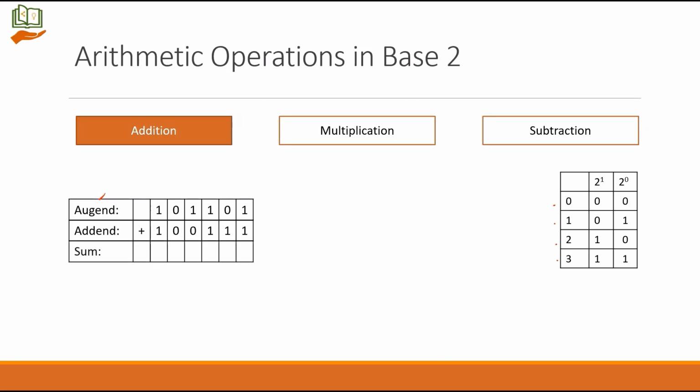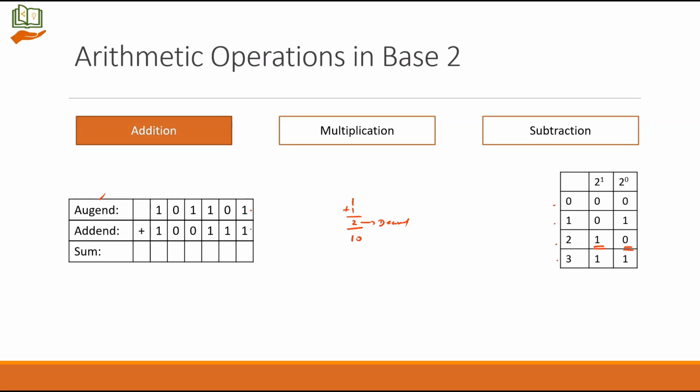How will I perform addition here? 1 plus 1. What is 1 plus 1? 2. What is 2 in binary? 1, 0. When I write 1 plus 1, it is 2 in decimal format, but I cannot represent it as 2 here. So 1, 0.